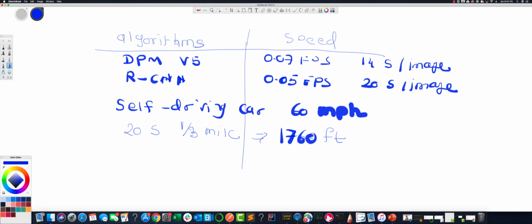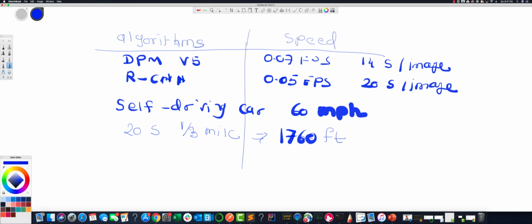So this is not good enough, because on a typical highway the distance between adjacent cars is probably less than 10 feet. So the chances of collision are very high. That's why we need an algorithm which can detect objects very fast.